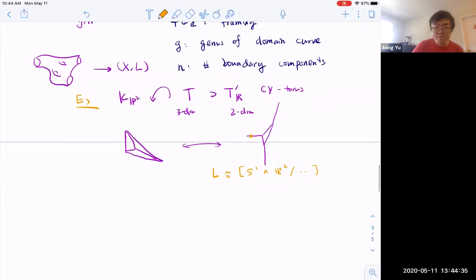Sorry, I'm not writing down the exact formula, I'm just trying to give a general flavor. You can pick the brane to be in any position in X, so you can make it intersect any torus invariant curve you have. You can have a brane here or here, so you have different choices.